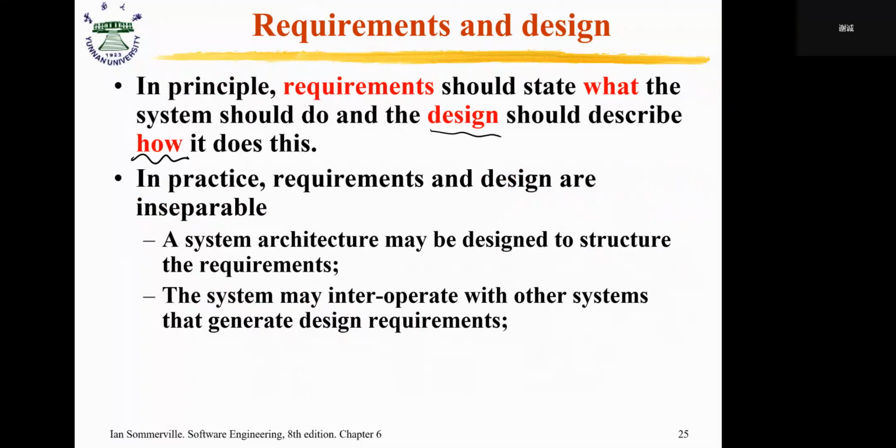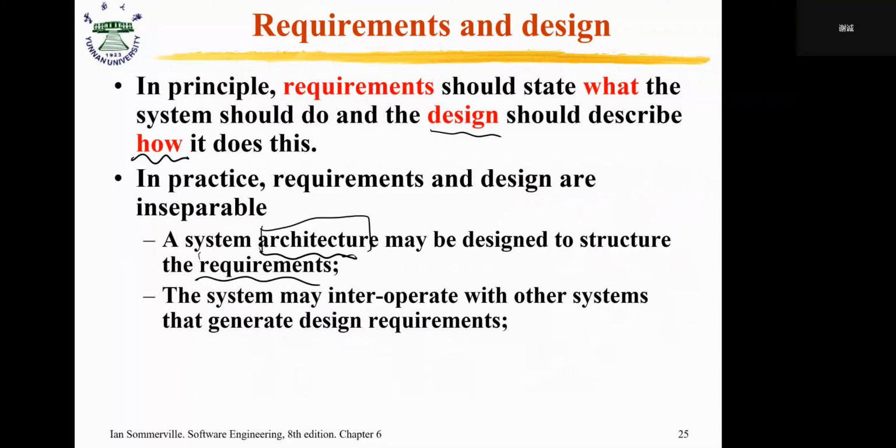This is because a system architecture may be designed to structure the requirements. Okay, this means the architecture is based on your structured requirement. And the system may interoperate with other systems that generate design requirements. Normally, we develop a software product. That software product normally are not independent one.